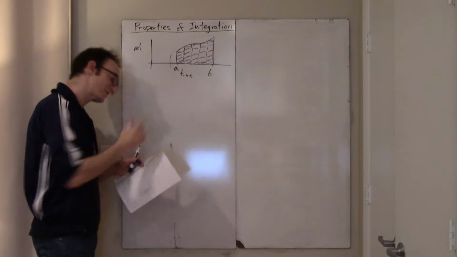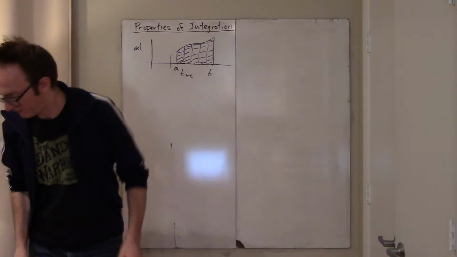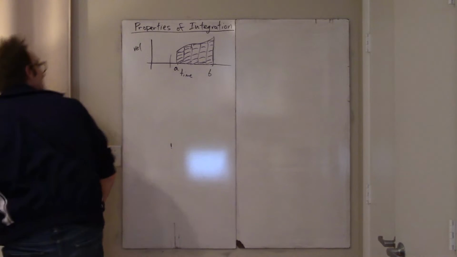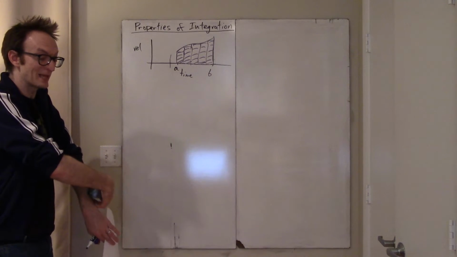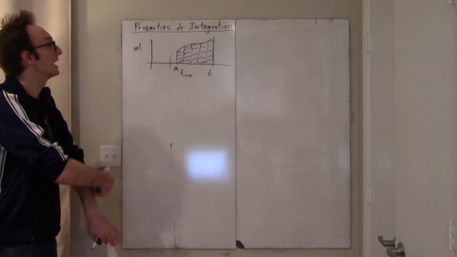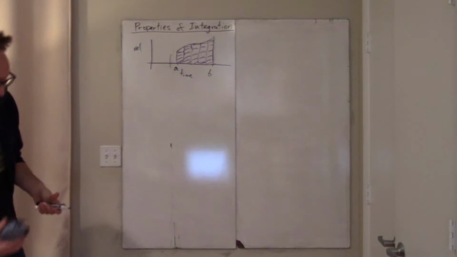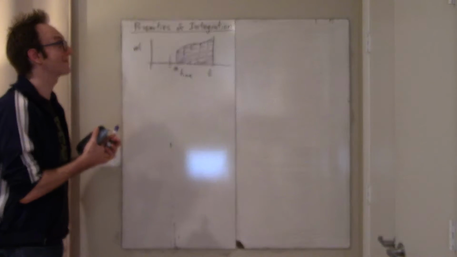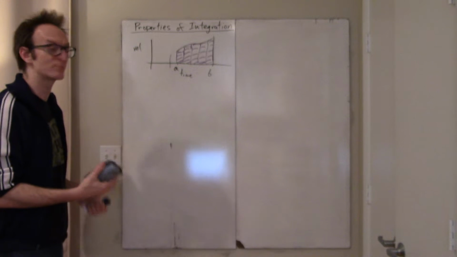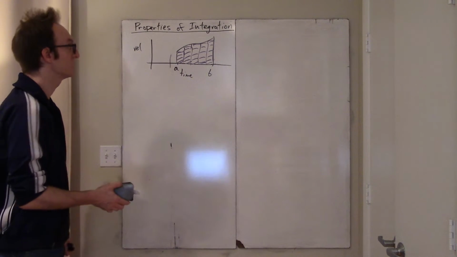And this approximation with rectangles is not perfect, but if you use more and more rectangles, it will get more and more perfect. If you let the number of rectangles go to infinity, you seem to get the exact area under this curve. In fact, we basically define the area under this curve to be whatever comes out of this infinite process of approximating it with rectangles.